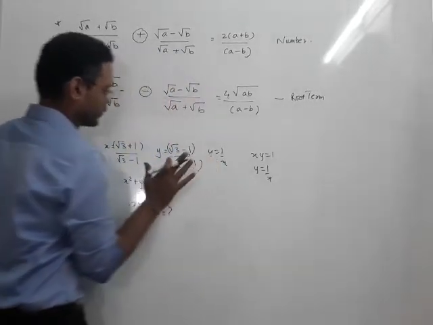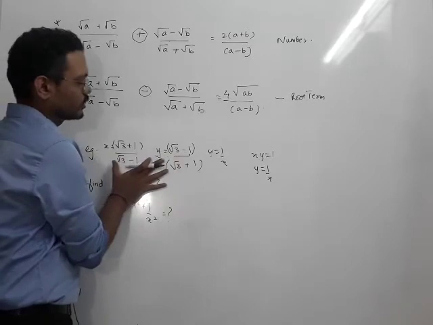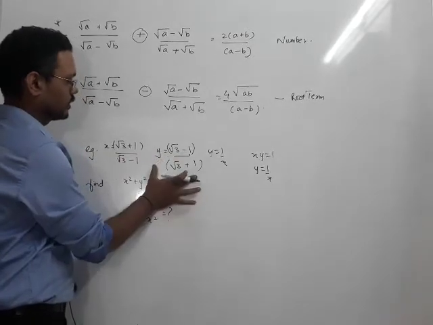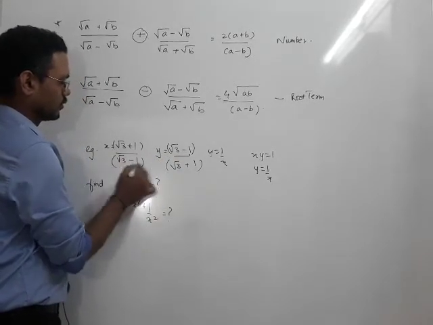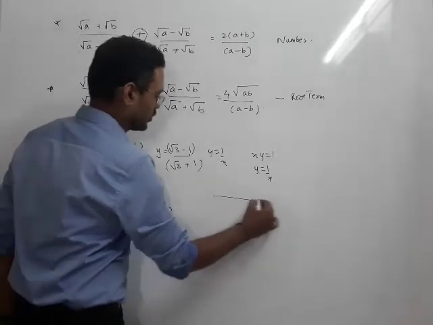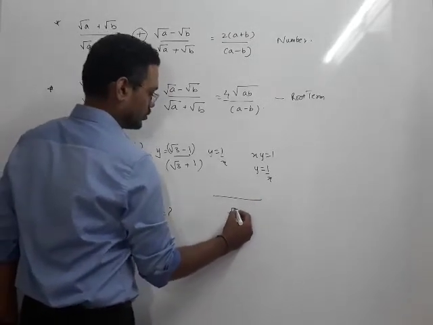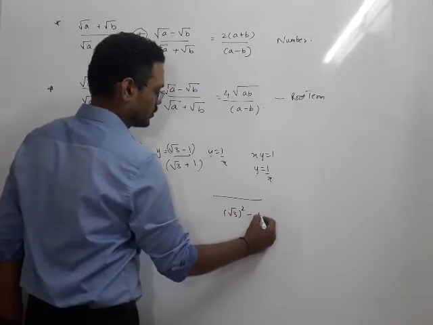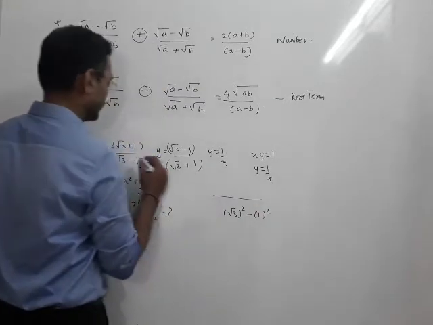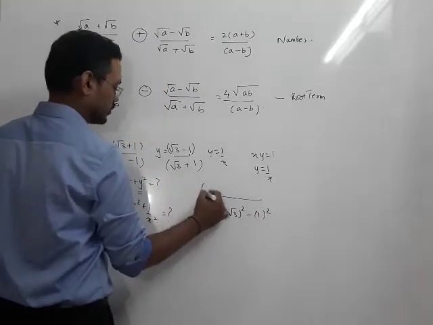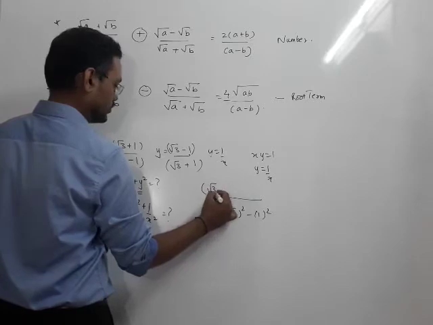Alright? Now, the moment you see this, what do you do? You will take the LCM, which will be a square minus b square. I'm giving the maximum possible expansion of this.